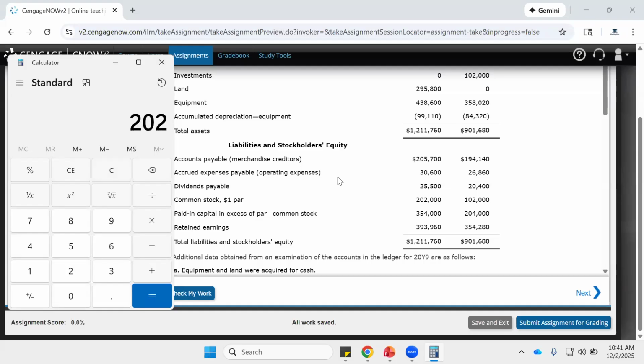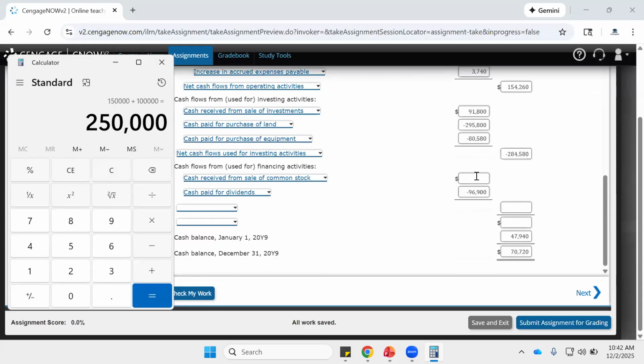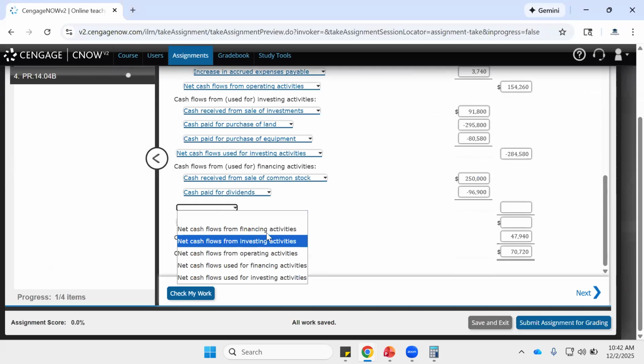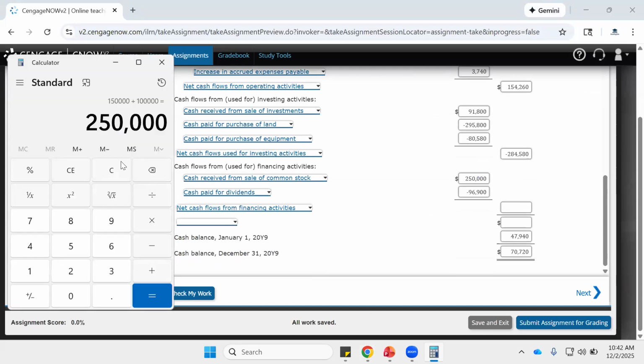We issued 202,000 minus 102,000, 100,000 shares of common stock at $1 par, and then additional paid in capital increased from 354,000 minus 204,000 is 150,000. Plus we had the 100,000 at $1 par. Each share went for $2.50. We issued 100,000 shares. That's $250,000 cash inflows, cash received from the sale of common stock. And then we have net cash flows from financing activities.